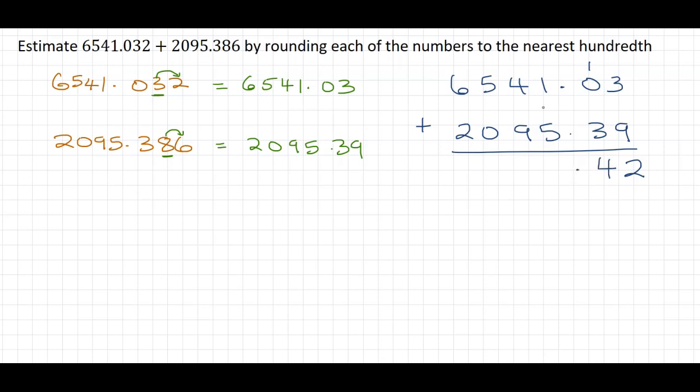Let's put our decimal. 1 plus 5 is 6. 4 plus 9 is 13. We're going to write 3 and bring 1 up here. 1 plus 5 is 6. 6 plus 0 is 6. And then 6 plus 2, we have 8. So this is the estimate of the sum of these two numbers rounded to their nearest hundredth.